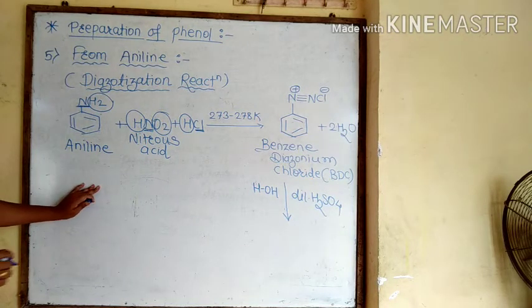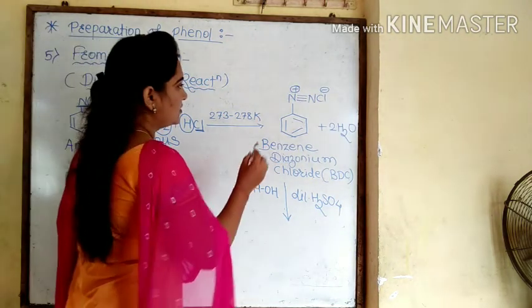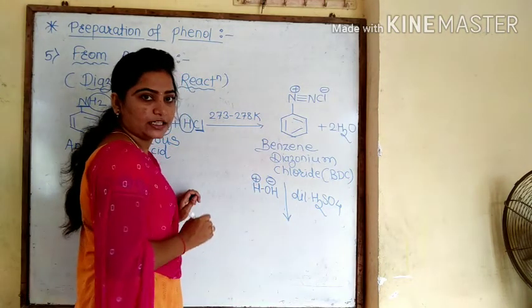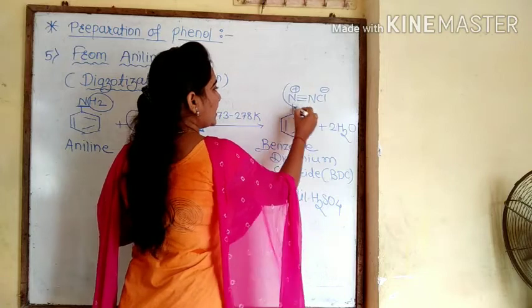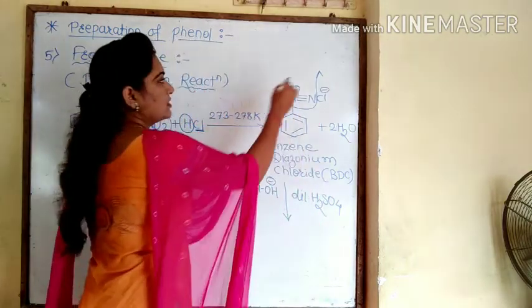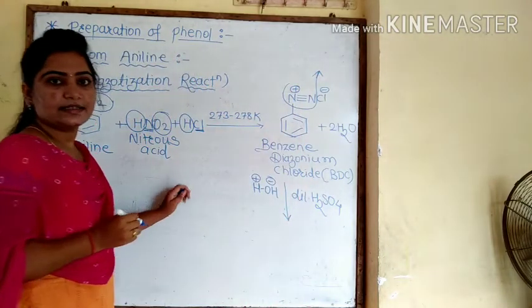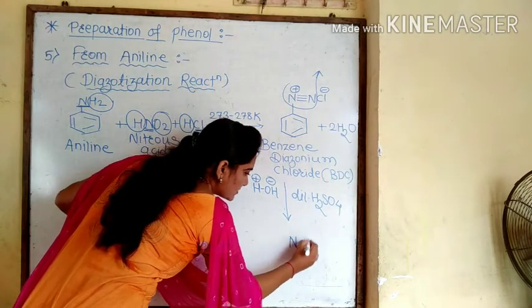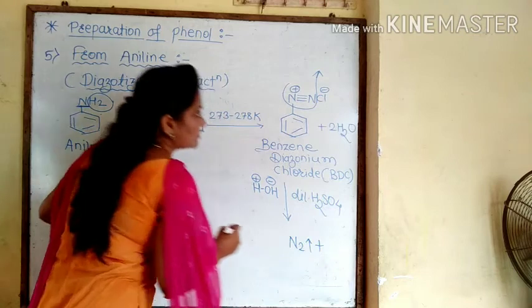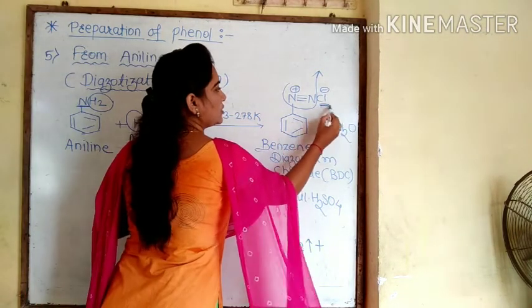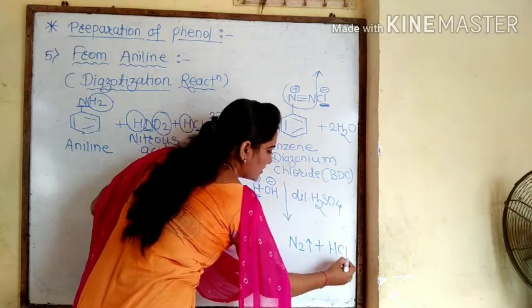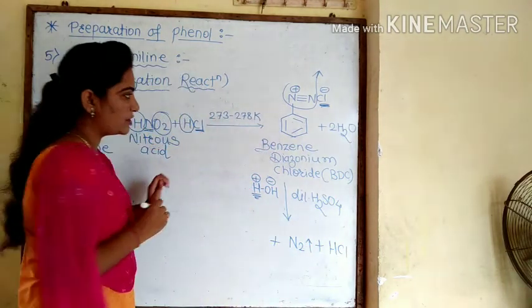So in acidic medium what we get here: HOH, H positive, OH negative, this N2 molecule, that is N2 gas, gets removed. Okay, so here a loss of N2 gas plus this Cl negative and this H positive, so loss of HCl, and plus our main product is what?